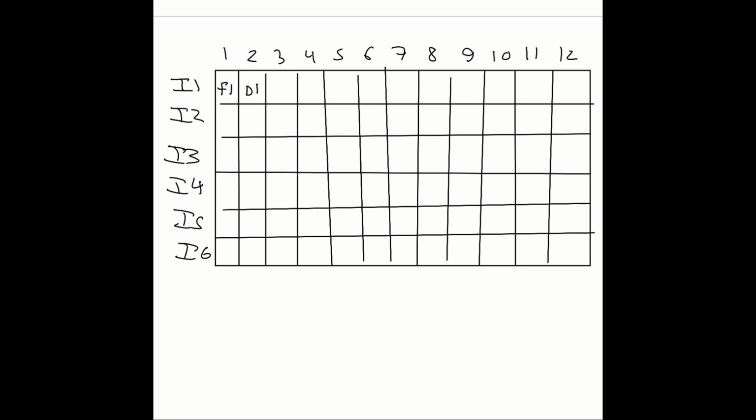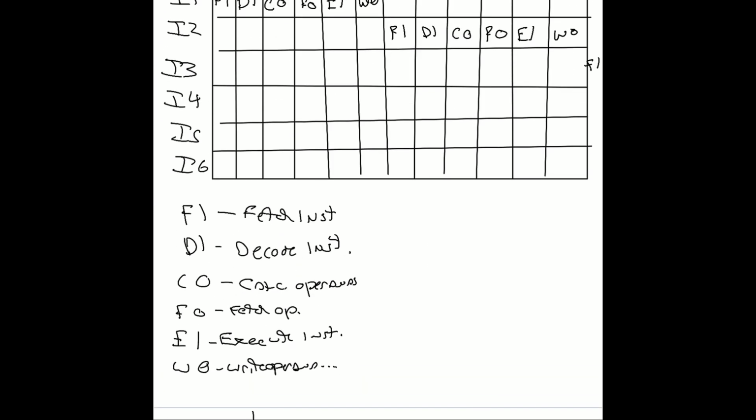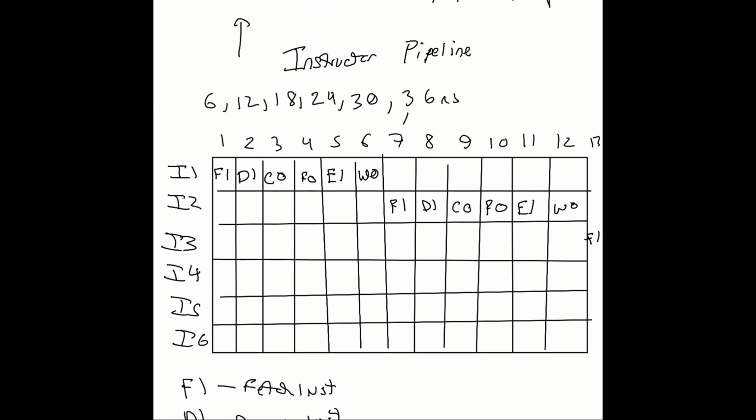However, here's the thing. Once we fetch the instruction, while we are in clock cycle 2 decoding the instruction, the fetch instruction assembly worker, so to speak, is not doing anything. He wouldn't fetch another instruction until clock cycle 7. So he's lazy for all of these clock cycles.